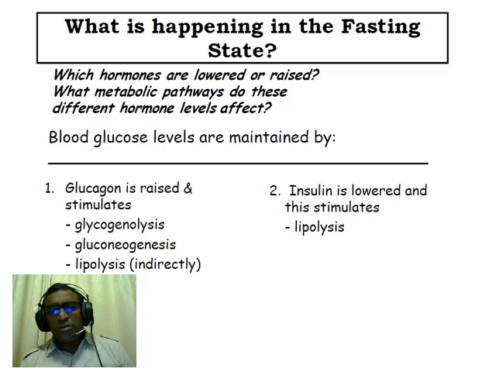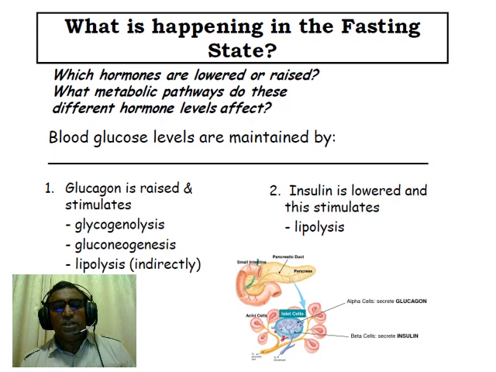So it can cause glycogenolysis by activating glycogen phosphorylase. So I hope you recall the glycogen metabolic pathway, where glycogen phosphorylase is the most crucial enzyme in glycogenolysis. It also can cause activation of gluconeogenesis, where it can make glucose by using 2 carbon and 3 carbon intermediates.